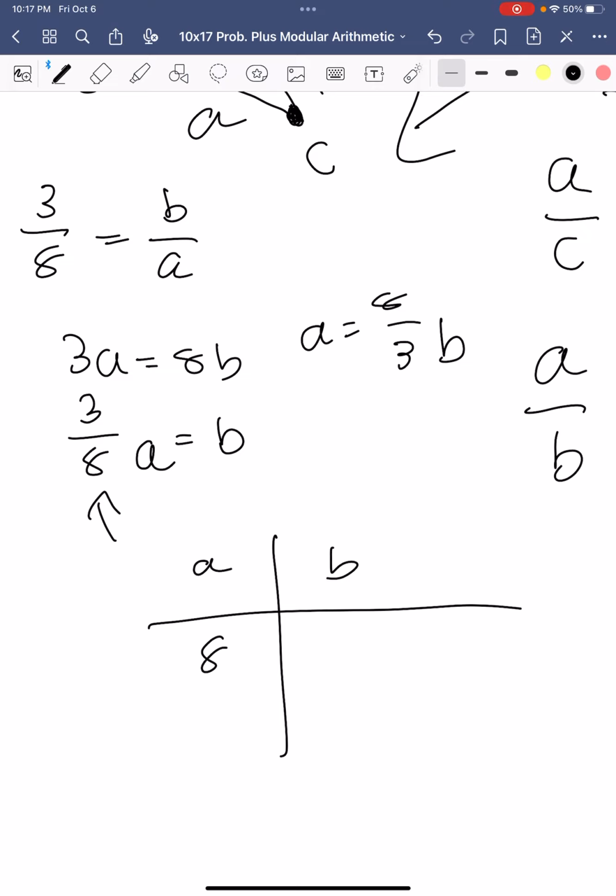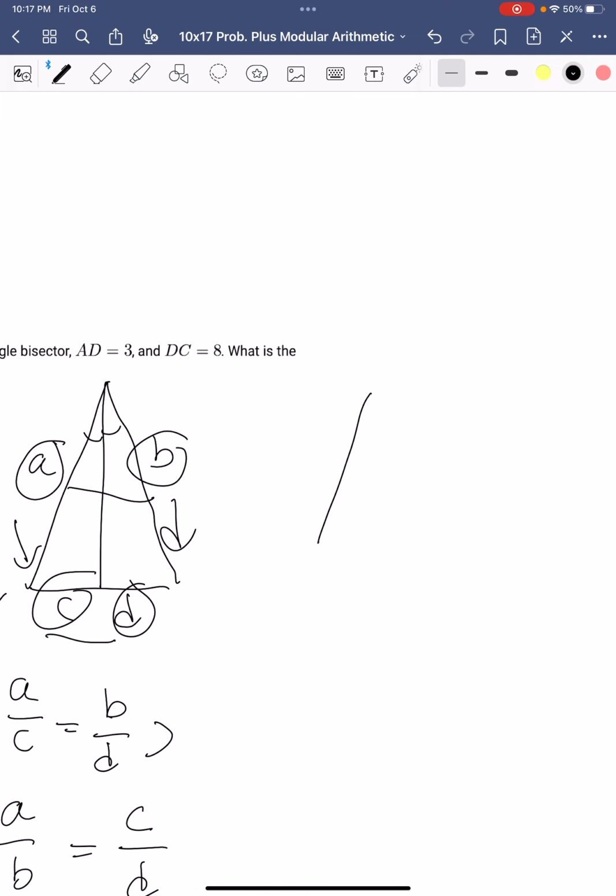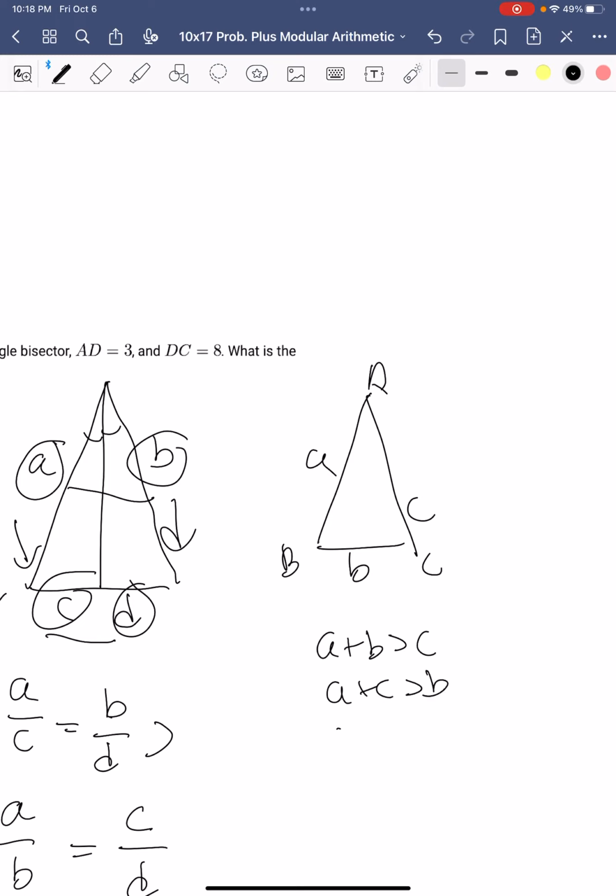So a could be 8. That means that b would be 3, and if you plug that in using the triangle inequality, which basically states that if you have a triangle ABC with lengths a, b, and c, then a plus b has to be greater than c, a plus c has to be greater than b, and c plus b has to be greater than a.